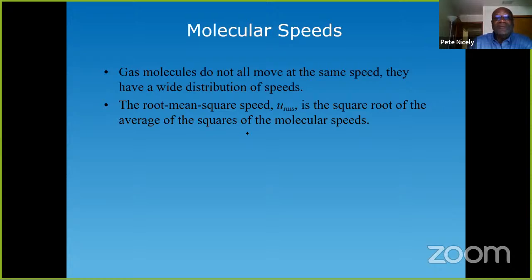And that's where this term comes in, the root mean squared speed, which is represented by u_rms, right? And that is the square root of the average of the squares of the speeds of the molecules.